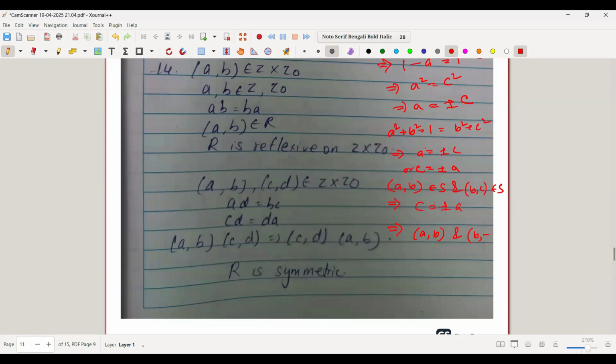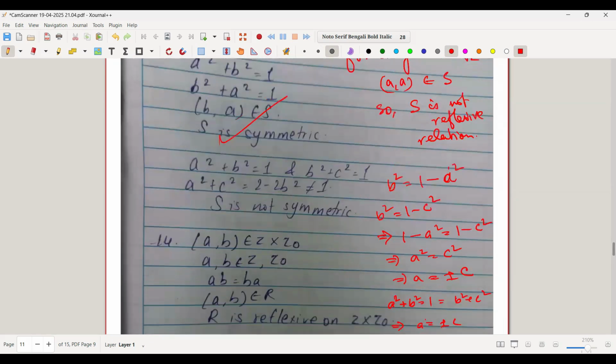Either it will be (b, a) or it will be (b, minus a). Okay, so this is transitive.